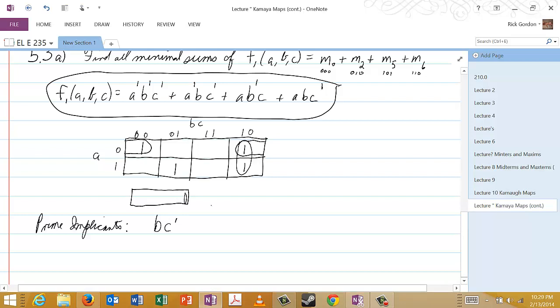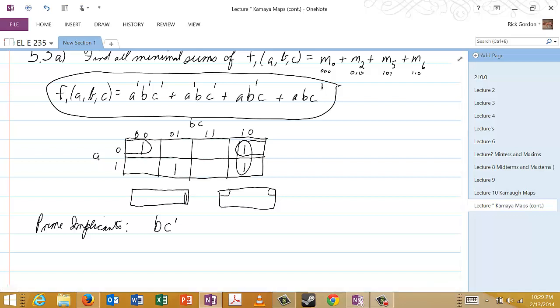Now let's try to identify the second prime implicant that we had. We can go ahead and draw the picture here, the one that contains this one cell and this one cell. You might ask yourself, what variable is changing?